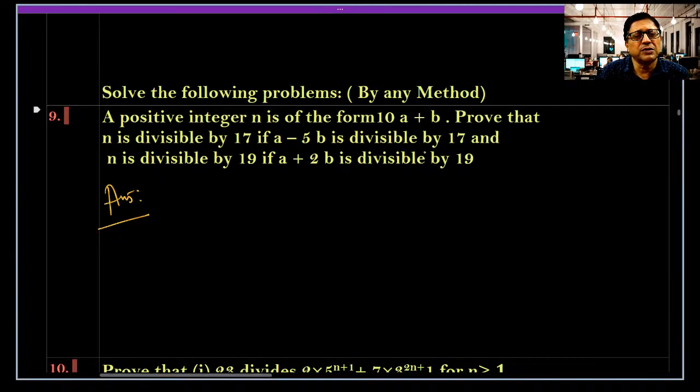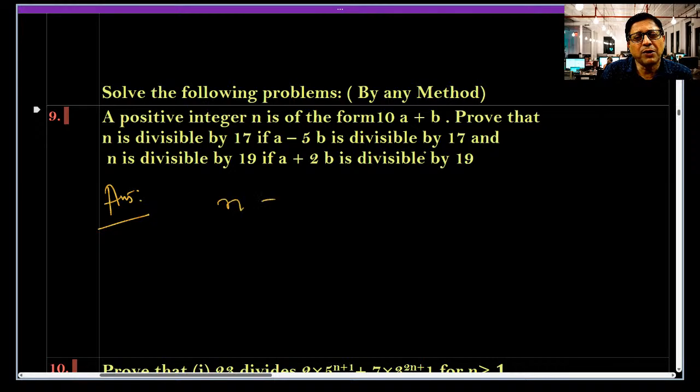You can write n is what? 10a plus b. We need to write that form. So this 10a plus b, can't you write it in the form a minus 5b? 17 is required, no?